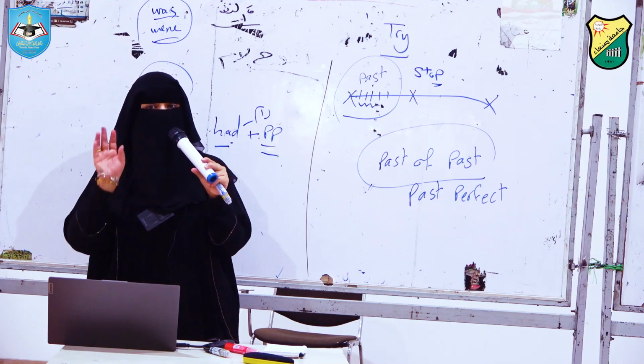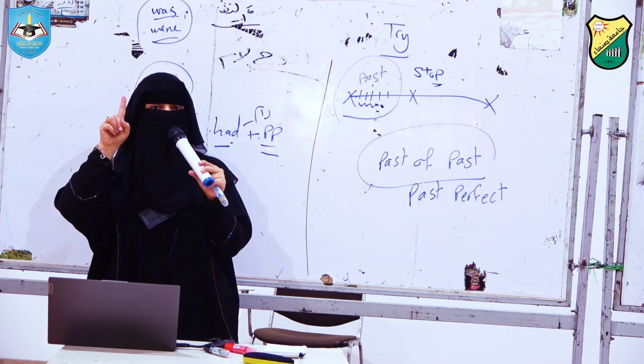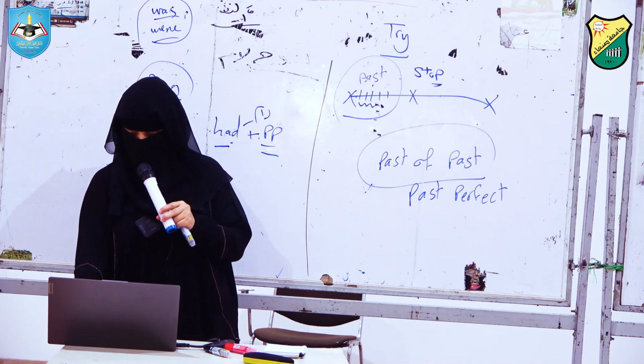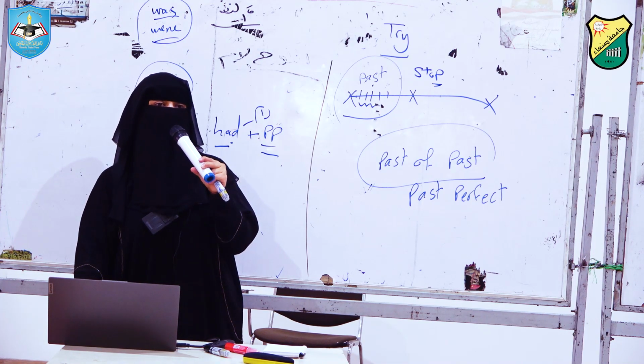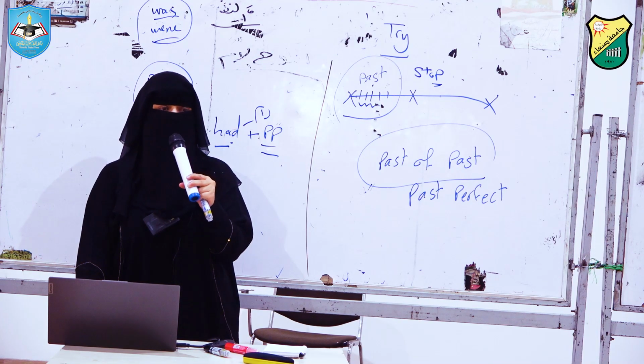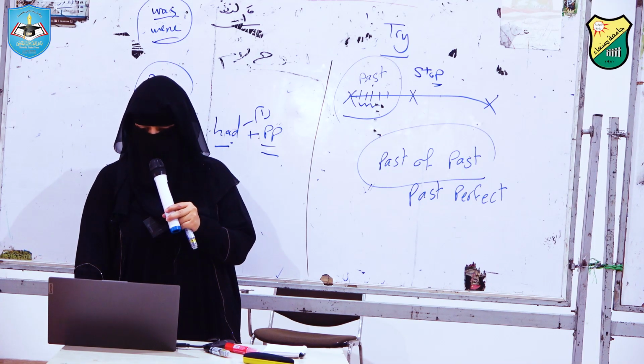No. It's the same because it's one had for all the pronouns. So don't get confused and use have, because if you use have it will be considered present perfect, not past perfect.